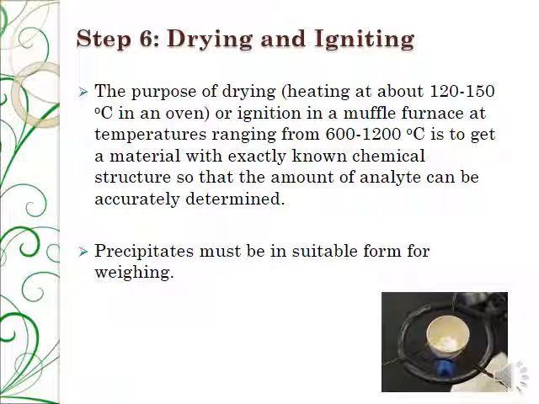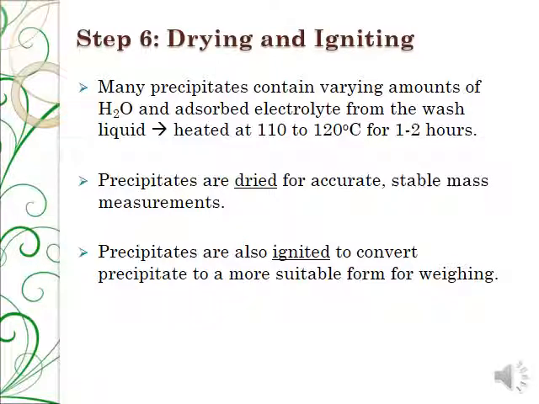So I have mentioned in my earlier lecture, the precipitate must be dried, and the dry precipitate has to be at constant weight. Otherwise, it is to undergo ignition to convert into a more measurable weighing form. Many precipitates contain varying amounts of water and adsorb electrolyte from the washing solution.